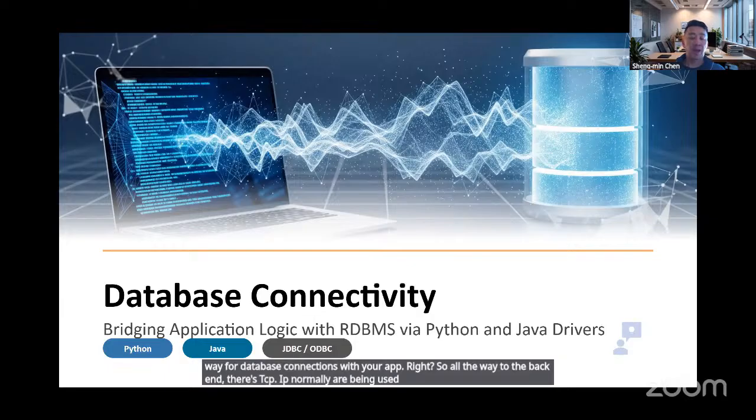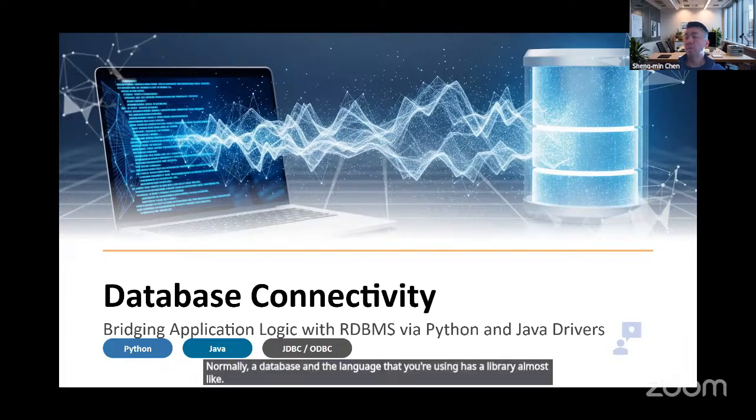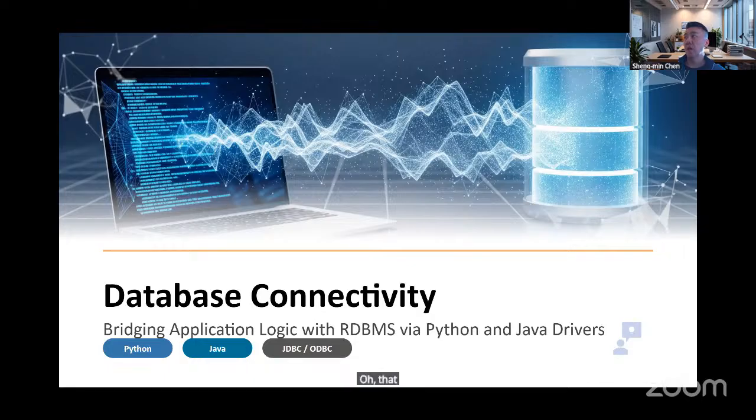And using that channel, a database and the language that you're using normally has a library. Think of it almost like a driver when you buy a new printer, for example.